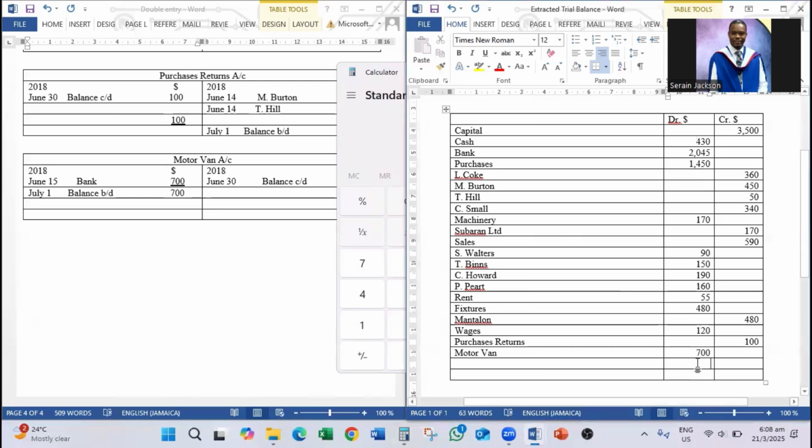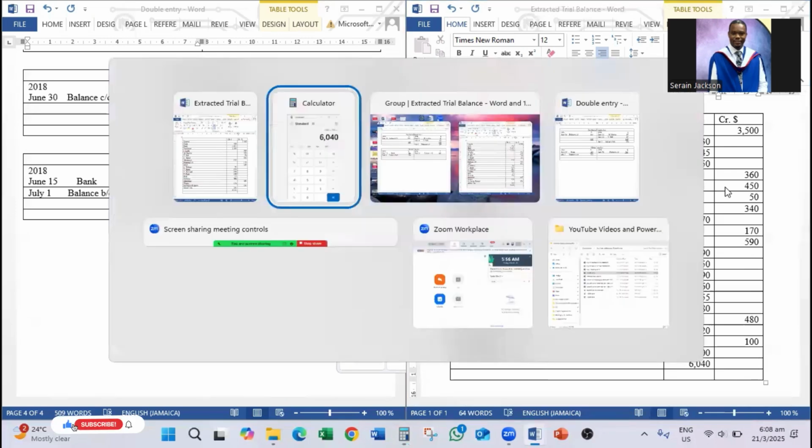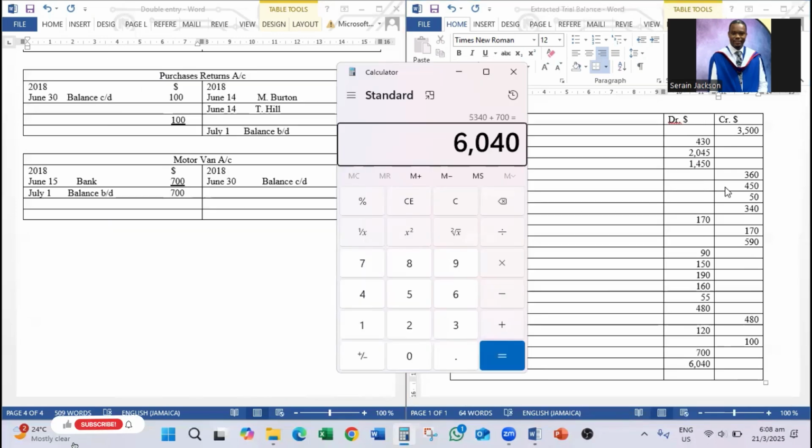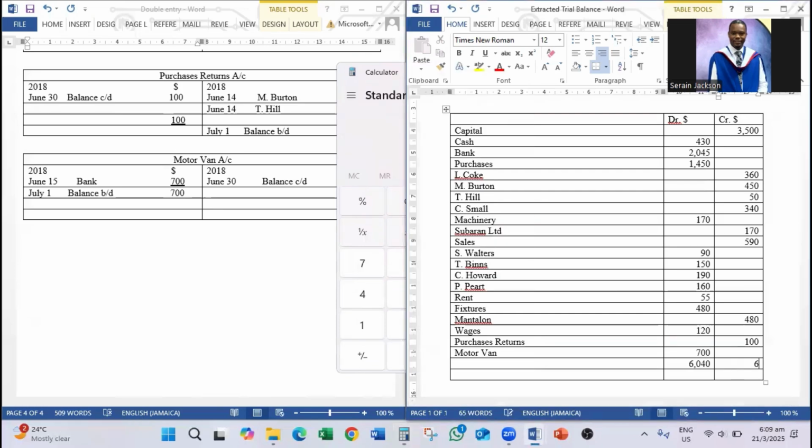6,040. So let's write that in. So let's add up the other side now. So 3,500 plus 360 plus 450 plus 50 plus 340 plus 170 plus 590 plus 480 plus 100 equals 6,040, right?